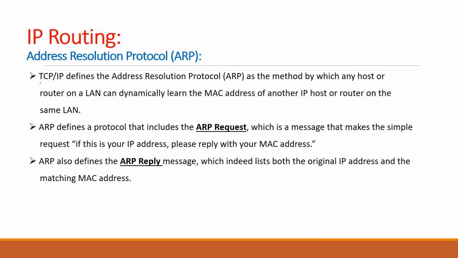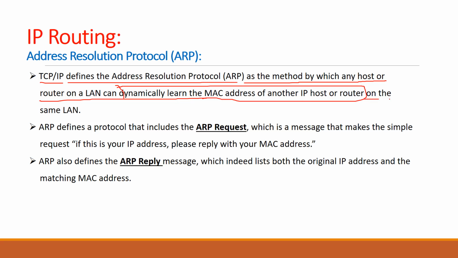So TCP/IP defines the Address Resolution Protocol as the method by which any host or router on a LAN can dynamically learn the MAC address of another host or router on the same LAN.